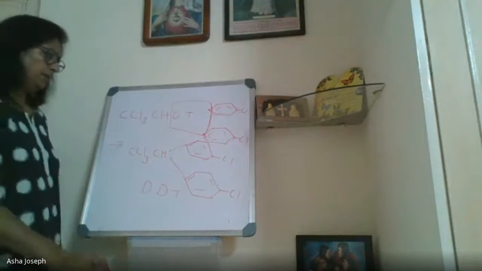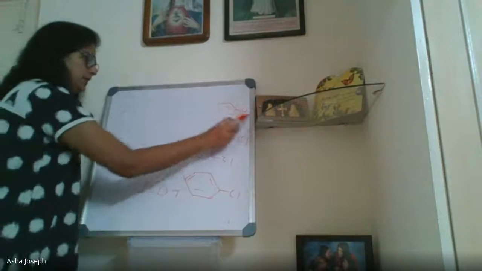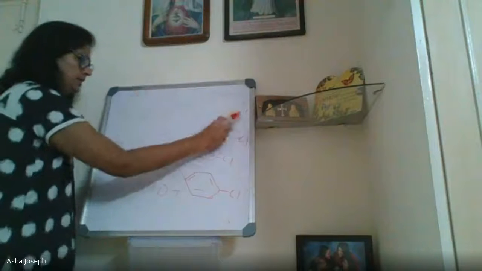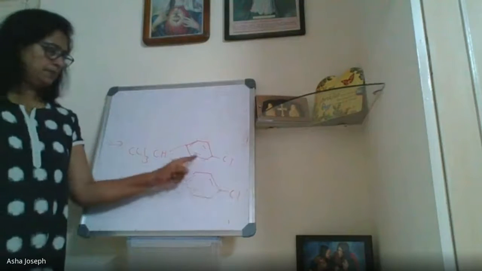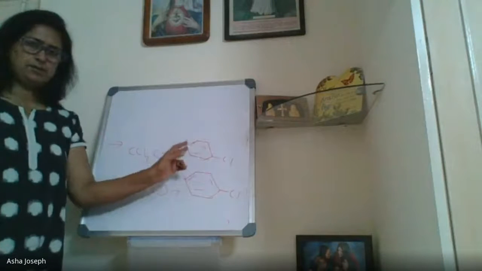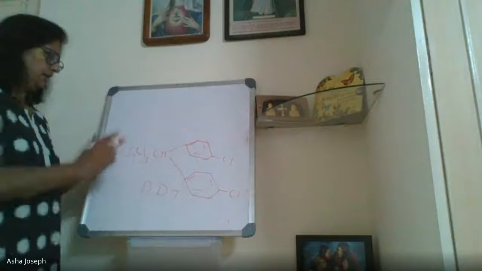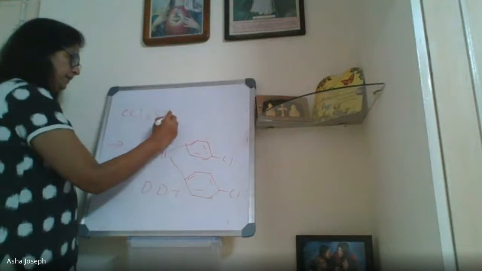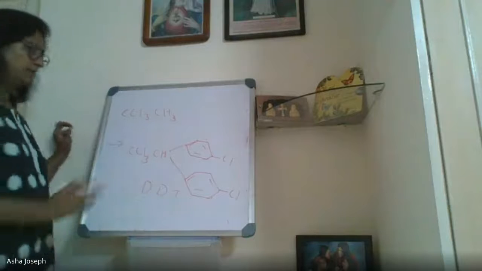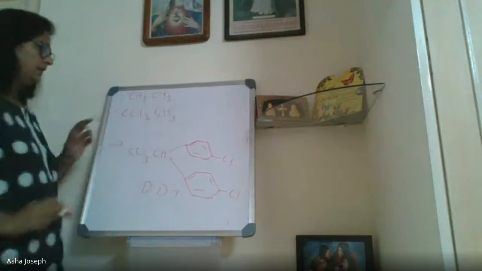Done, ma'am. Okay. Now I will explain the name, DDT. Dichloro. This is a phenyl group if chlorine is not there. Dichloro, diphenyl, and this is CCl3CH. What is this? This is ethane.